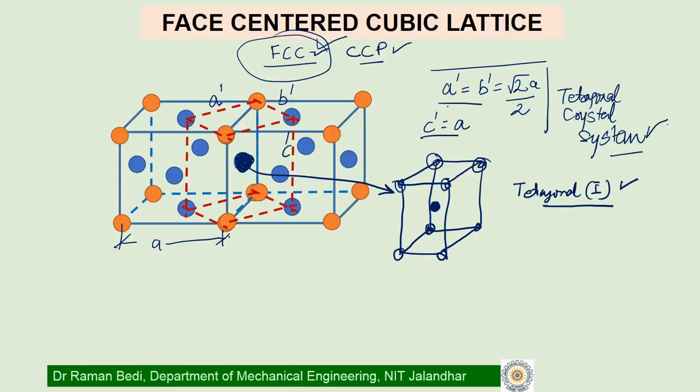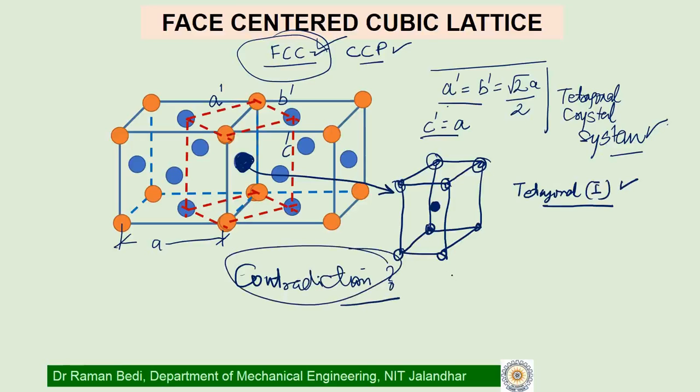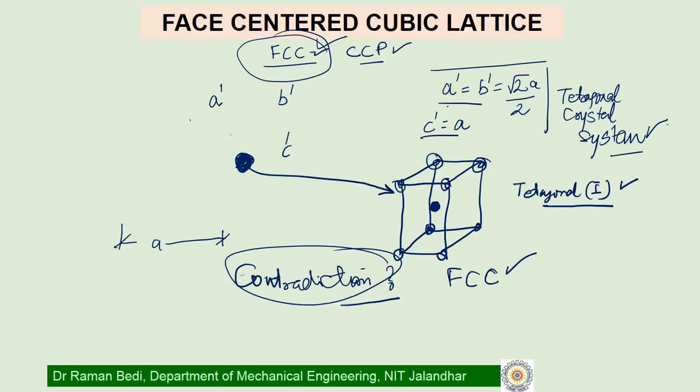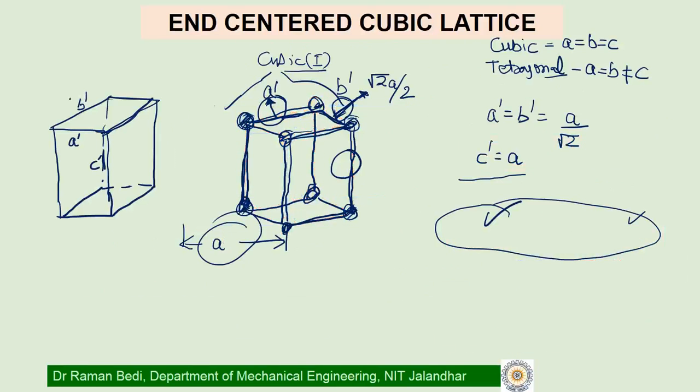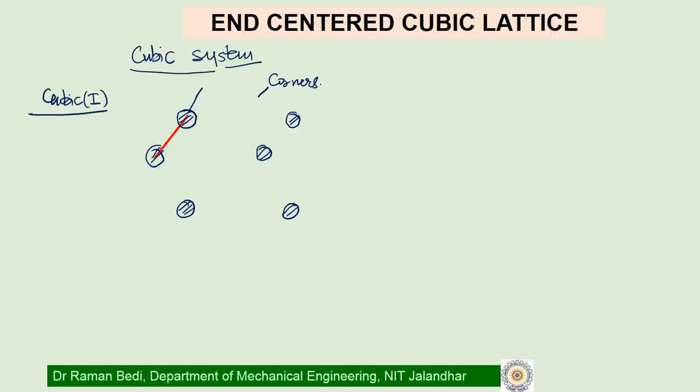So there is a contradiction here from my last slide, where we find that FCC is retained, as well as tetragonal I. If you go back to your table, you will find that you are retaining both of them.